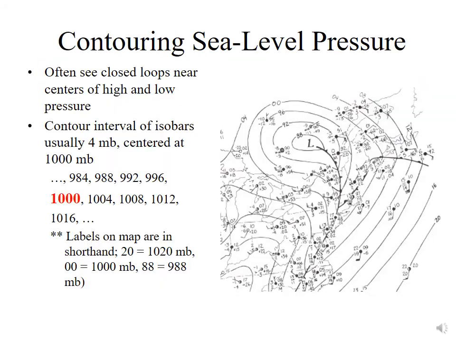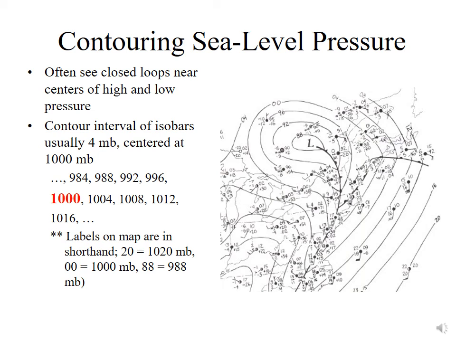So if we want to contour sea level pressure, it's really common to have closed loops near the centers of high and low pressures. The standard convention for contouring sea level pressure is that we do isobars usually every 4 millibars, and we center it at 1,000 millibars or 100 kilopascals.